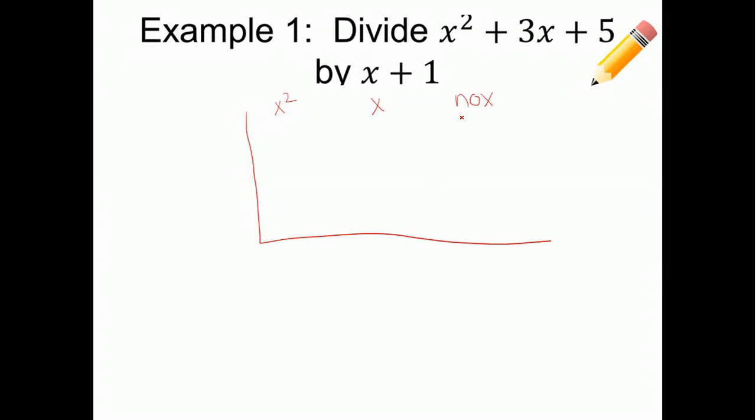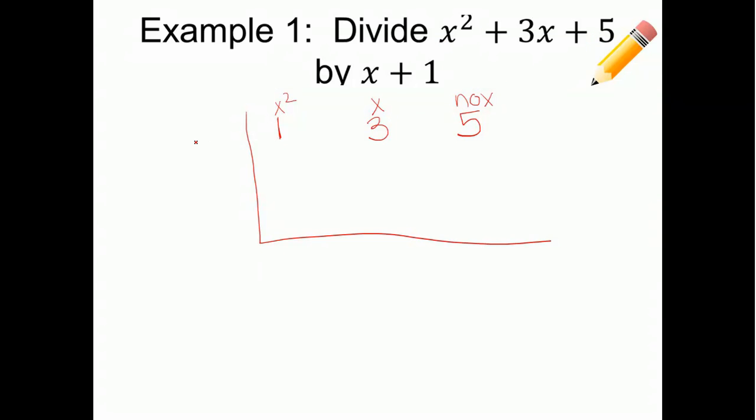I'm just labeling. You probably won't need to label by the end of this when you're learning synthetic division, but I like to, just in case, so I don't miss anything. So x squared has a 1 with it, so I'm going to put a 1 there. x has a 3, and no x has a 5. So 1, 3, and 5, just taking the numbers, not the x's.